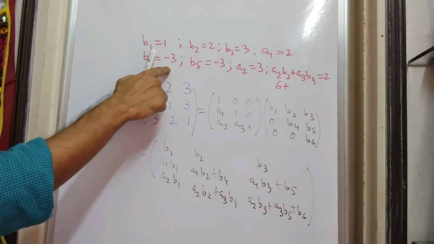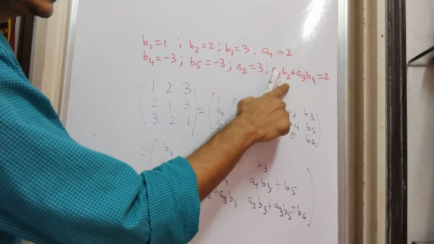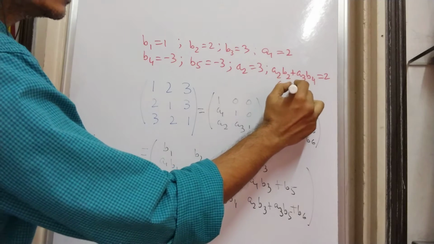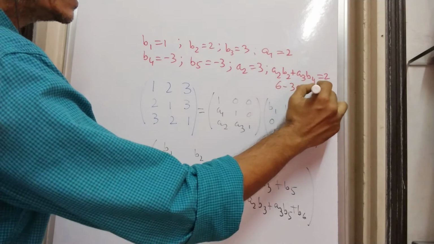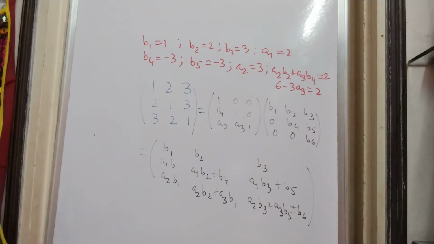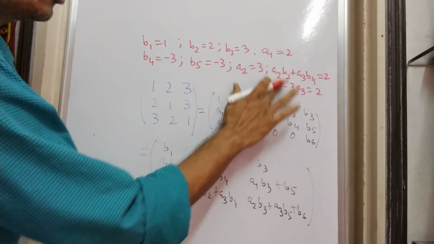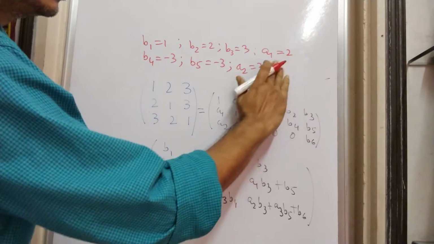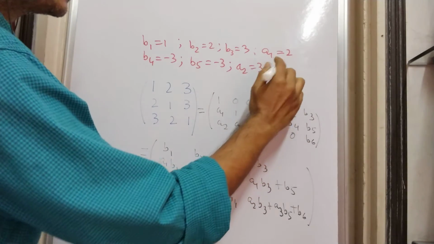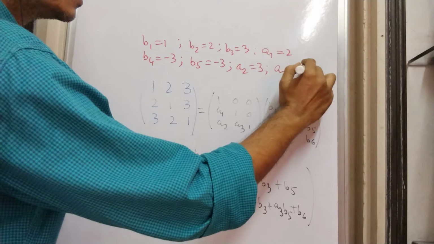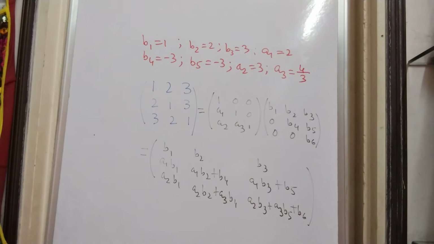And B4 is minus 3, so this is minus 3 A3, and this is 2. So A3 becomes 2 minus 6 over minus 3, that is A3 becomes 4 by 3.